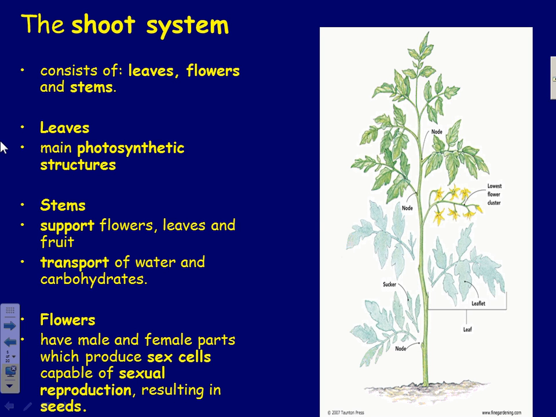All right. So flowers are part of reproduction, which results in the seeds, but typically in plants, you also get fruit around those seeds, and that's where a lot of our food comes from, that fruit that is on those plants. Okay.